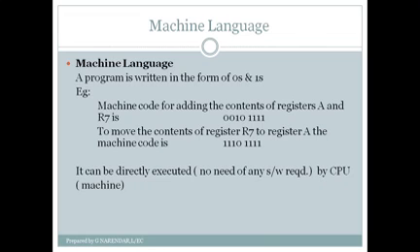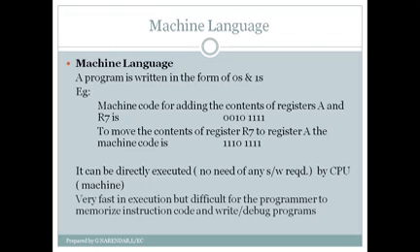So this is one big advantage when we write instructions for 8051 using machine language, because it is the language of machine, so it can directly execute, and the execution is also very fast. That means it will take less time.